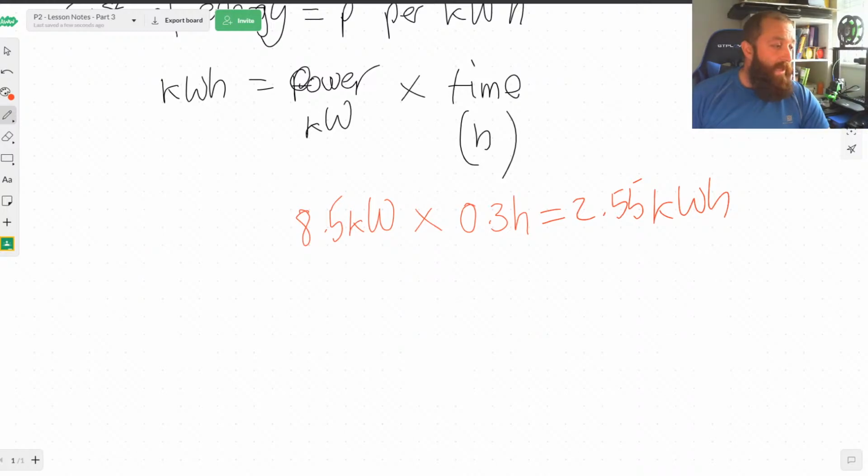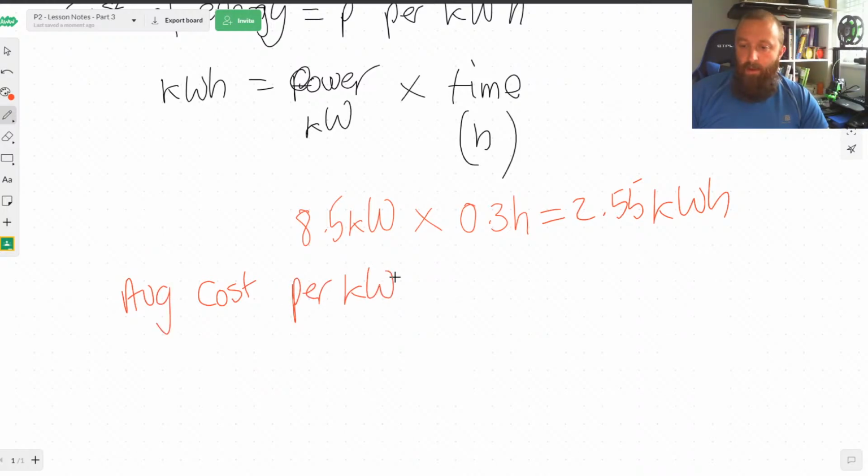Okay, the first one that comes up, and I don't know how current this is, says the average cost of electricity in the UK per kilowatt hour is equal to 14.37 pence. So what I can then do is multiply those two numbers together.